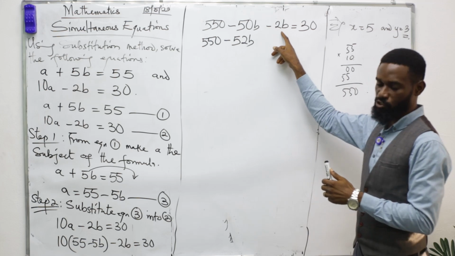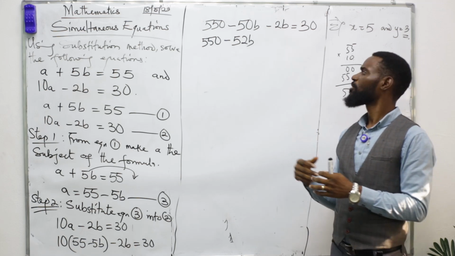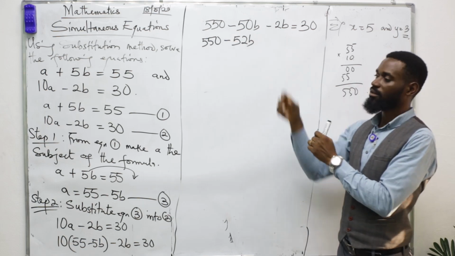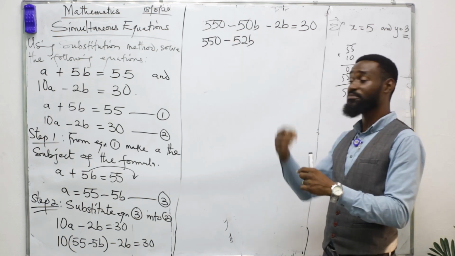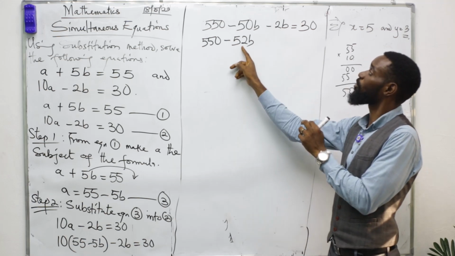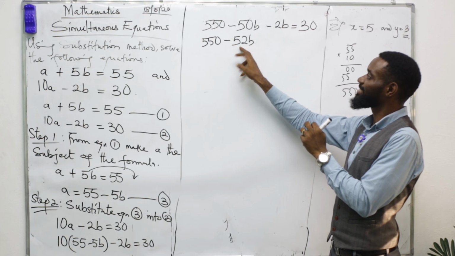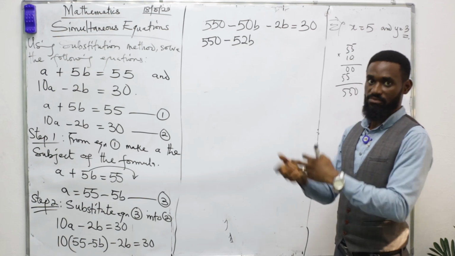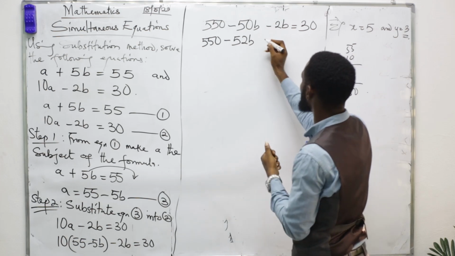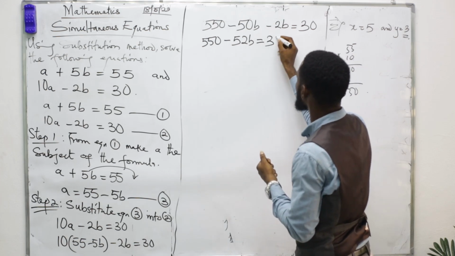Another minus b, what you're owing somebody. So you borrowed 50b from somebody, and you went again and borrowed another 2b from somebody. Altogether, what you are owing now is minus 52b. So minus 52b is equal to 30.